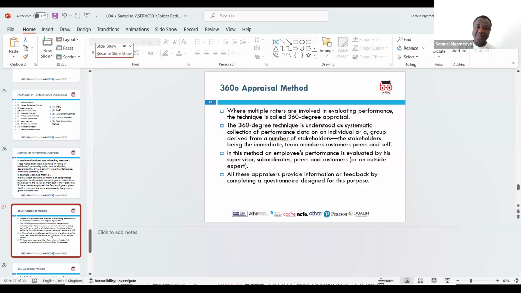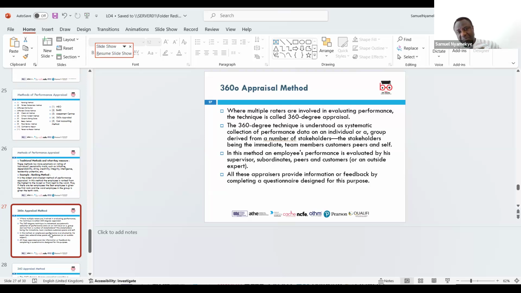We can decide that your immediate boss, your team members, customers, or your colleagues can come into the assessment, and they can all give their feedback. In this method, an employee's performance is evaluated by their supervisor, their subordinates, their peers, even customers.